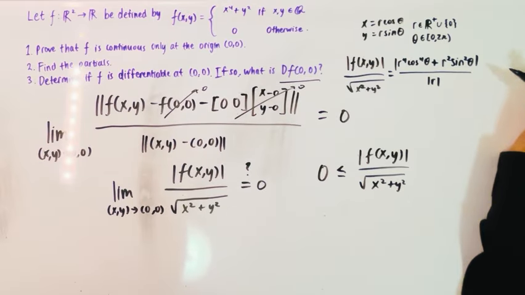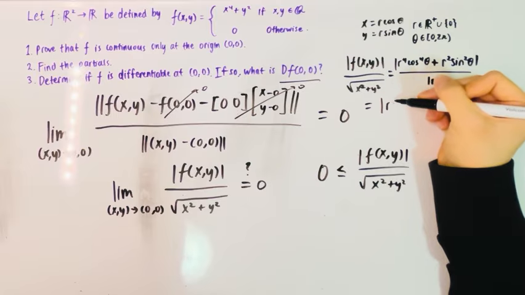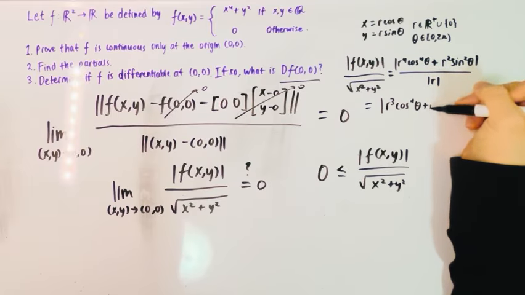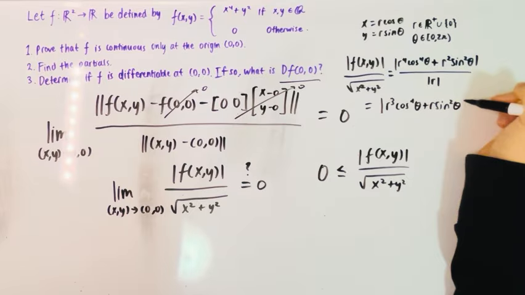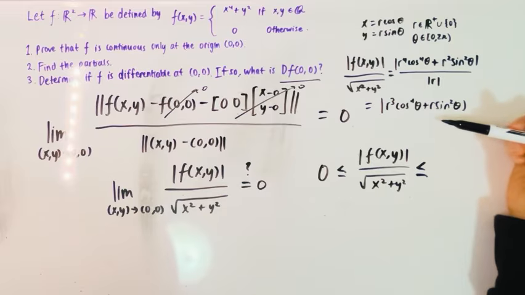That's pretty simple. We can just cancel the r from both sides to get that this is equal to r³ cos⁴ theta plus r sin² theta. And that's going to be our bound.